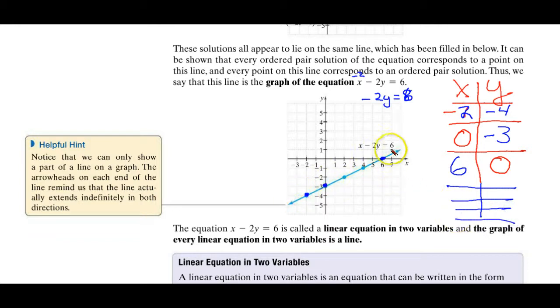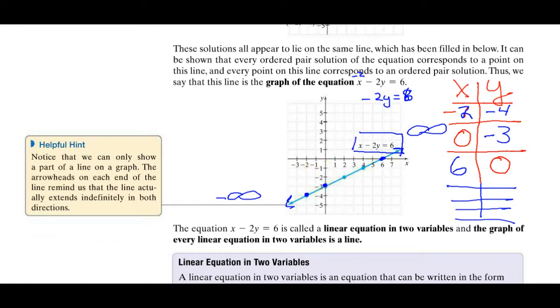And the answer is yes, because these lines extend in this direction and in this direction to infinity, and out this way is negative infinity. There is an infinite number of points along this line. And what this line does is a graphical representation of this equation. This is this, graphically represented.